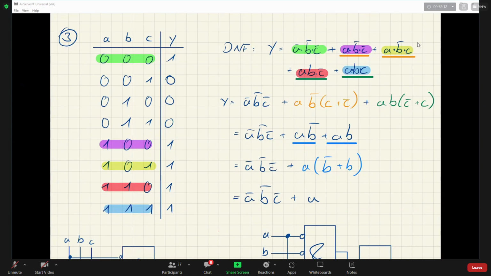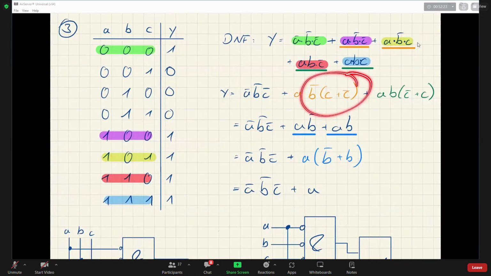Sir, where did you write that C plus C naught in the second line? Yeah, this one, the C plus C naught. What is C or C naught? That's always one.